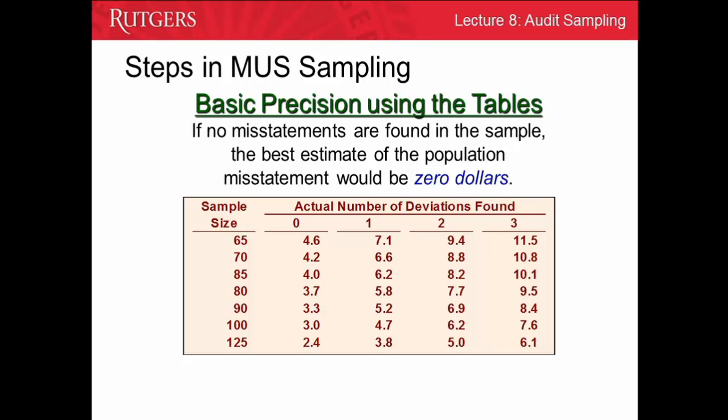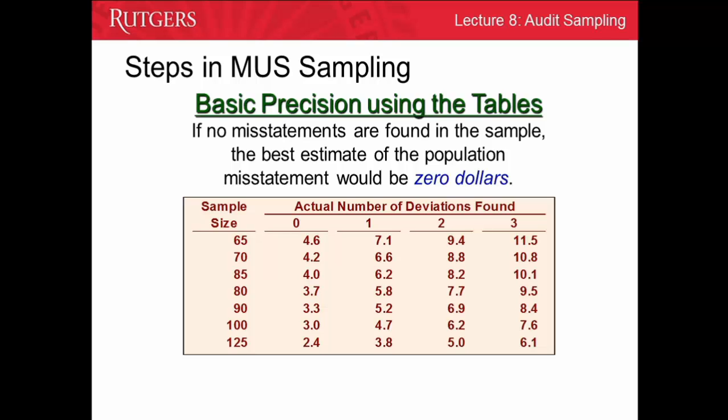Then, the first concept we are going to use in calculating the projected misstatement and upper limit of misstatement is the basic procedure. If no misstatements are found in the sample, the projection or best estimate of the population misstatement would be $0. However, even with 0 projected misstatements, an allowance for sampling risk must be computed, which will result in an upper misstatement limit that is greater than 0.